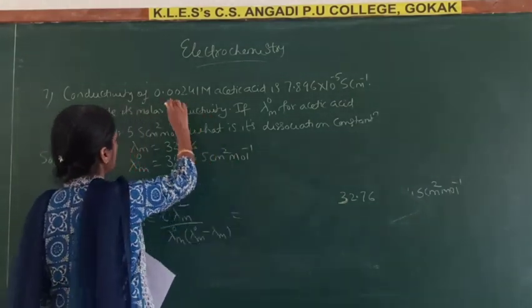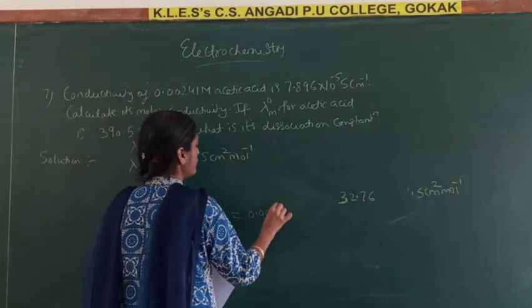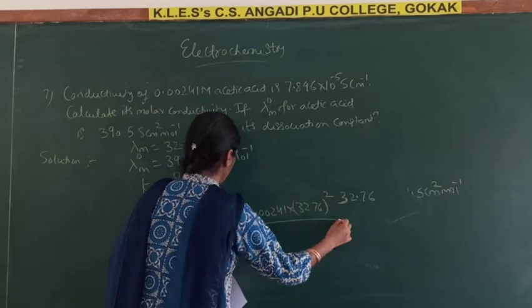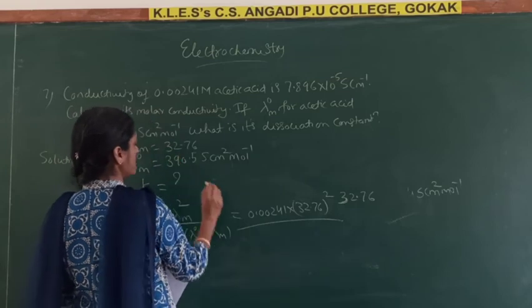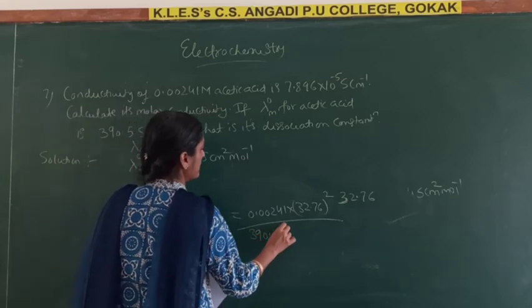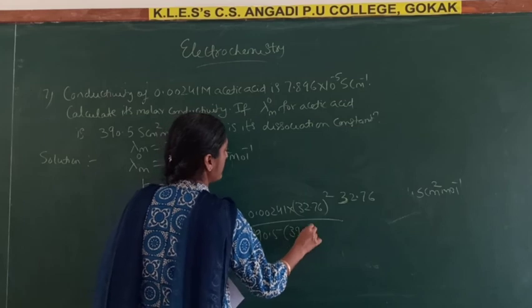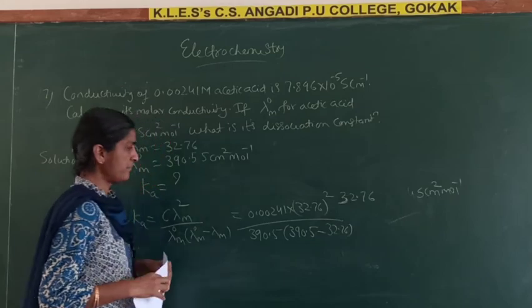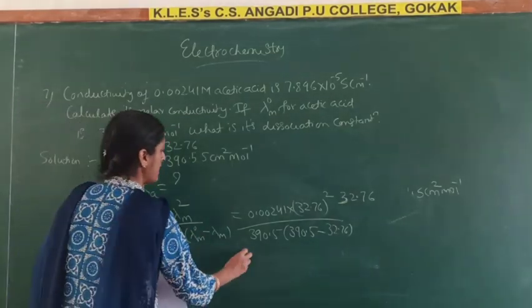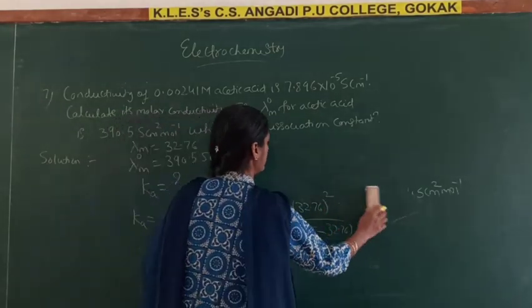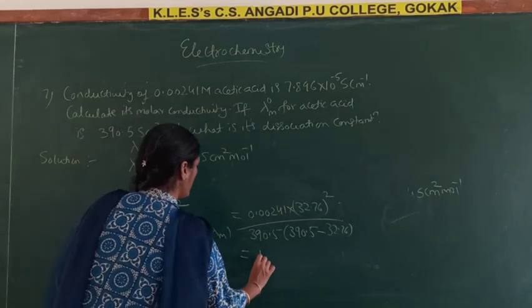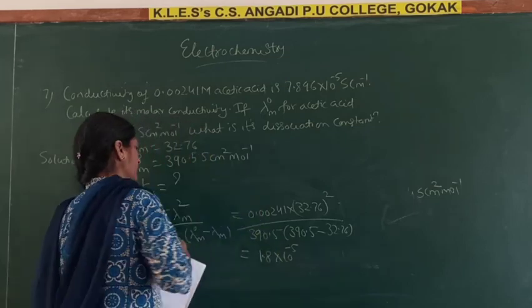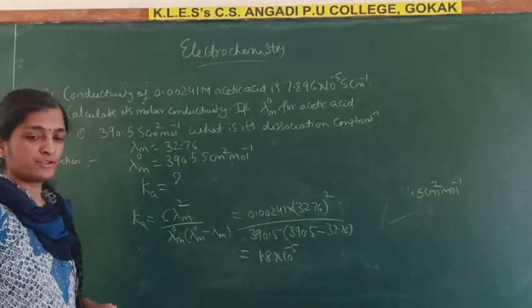So what is the concentration? 0.00241 into 32.76 its square divided by lambda naught m, how much? 390.5 into 390.5 minus 32.76. Lambda m is 32.76. So the answer comes out to be 1.8 into 10 raised to minus 5.